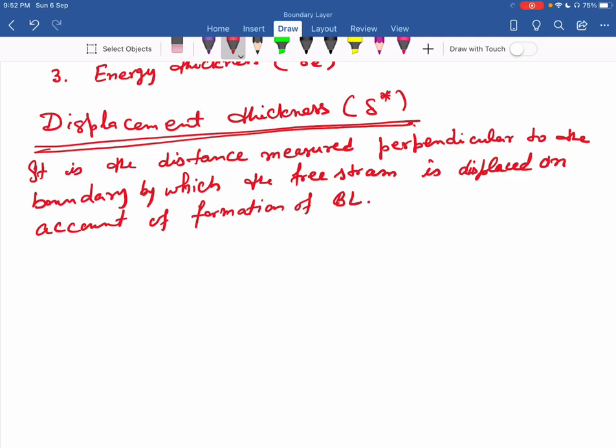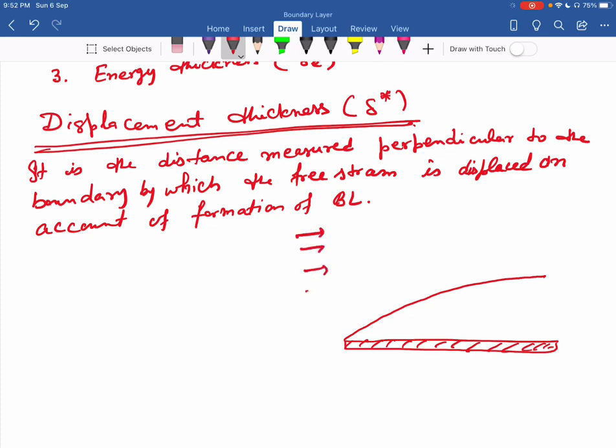Let us say we have this plate, which is a stationary plate, and there is a formation of boundary layer over it, with a flow of velocity capital U. Within the boundary layer the velocity variation is parabolic in nature, and beyond this the velocity of the stream is almost U. We call this delta, the boundary layer thickness.